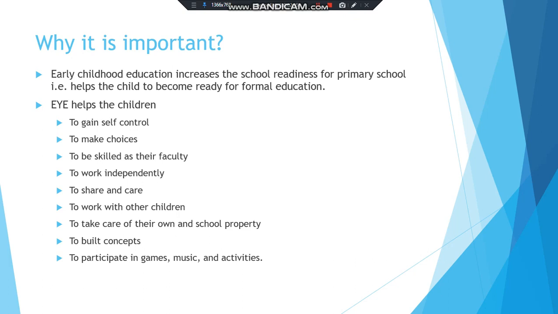Early education helps children to gain self-control, to make choices, to be skilled, to work independently, to share and care, to work with other children, to take care of their own and school's property, to build concepts, and to participate in games and activities.